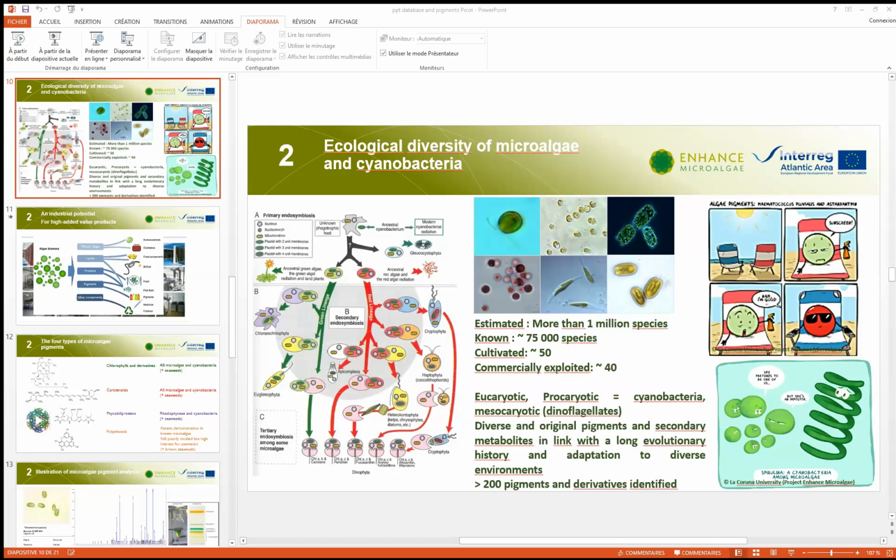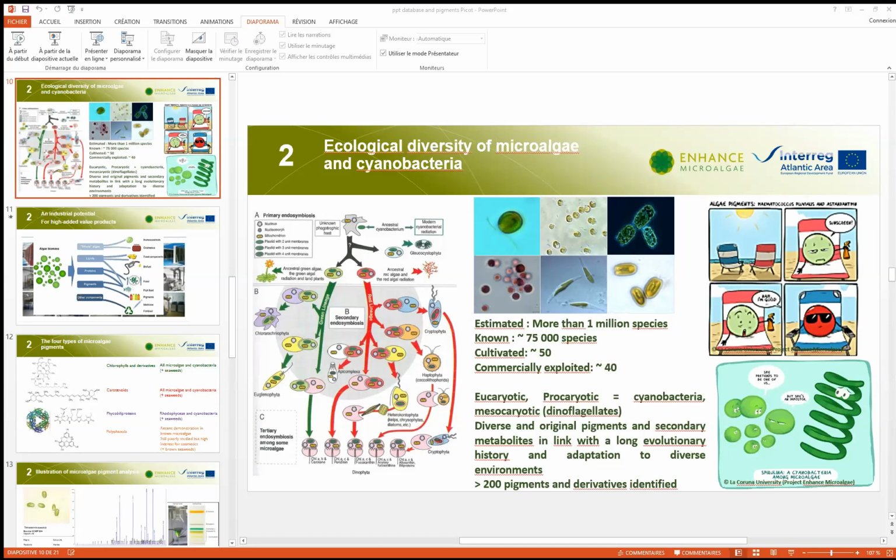The third one is the phycobiliproteins that you can find in red microalgae, in Rhodophyceae, and in cyanobacteria like spirulina. And the fourth one are polyphenols that were recently demonstrated in brown microalgae. These pigments are not so studied, but they may have a high interest to develop cosmetics, for example, anti-UV pigments.